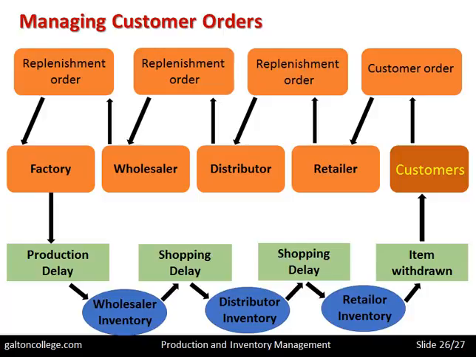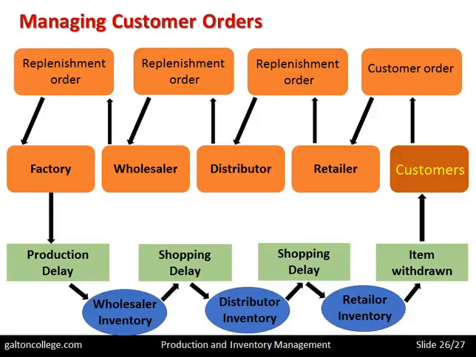So to place an order with the distributor, who will supply the retailer out of stock, but then eventually the retailer will have to place an order with the wholesaler, who will supply the distributor out of stock, but eventually the wholesaler will have to place an order with the factory. The factory will need to tool up and start to make it. That's a delay. And of course there have also been delays between the retailer, the distributor and the wholesaler, because each of them held stock. But eventually the customers will get it.